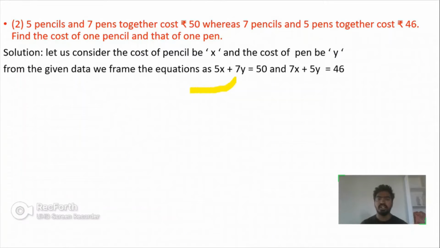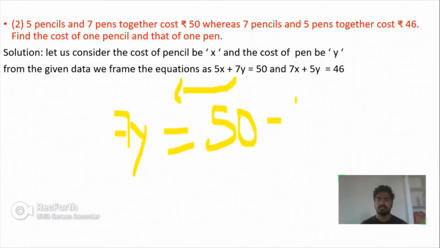So from this equation, 7y is equal to 50 minus 5x. So y is equal to 50 minus 5x by 7.